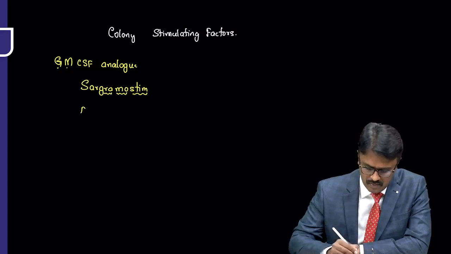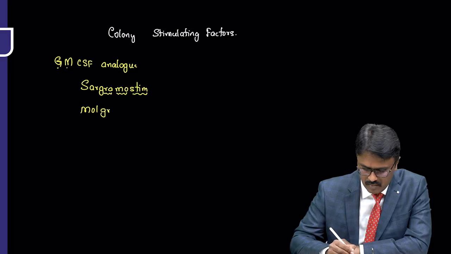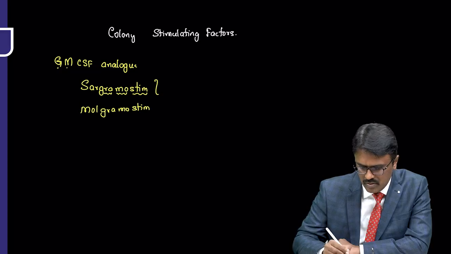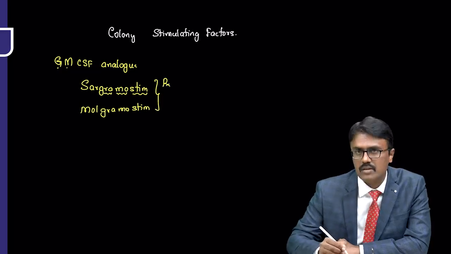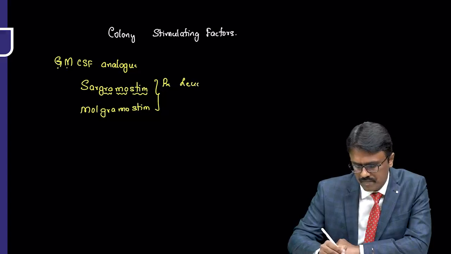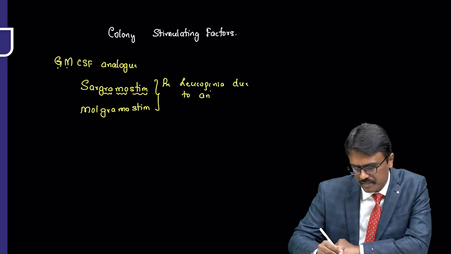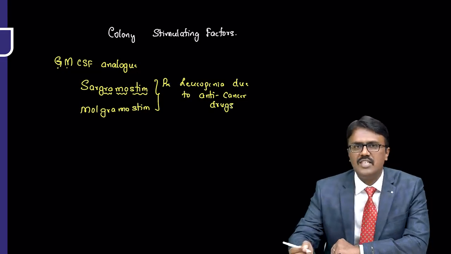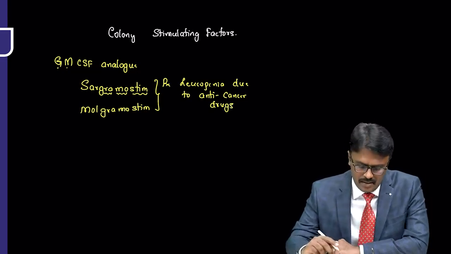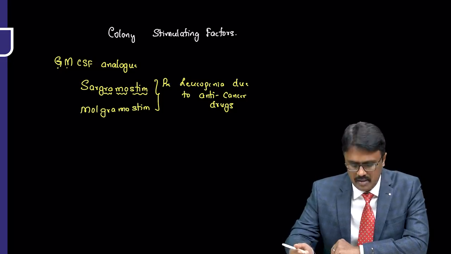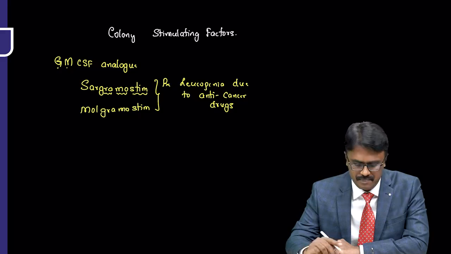One more drug is molgramostim. These drugs are used to treat leukopenia due to anti-cancer drugs. These are GM-CSF analogs, sargramostim and molgramostim.